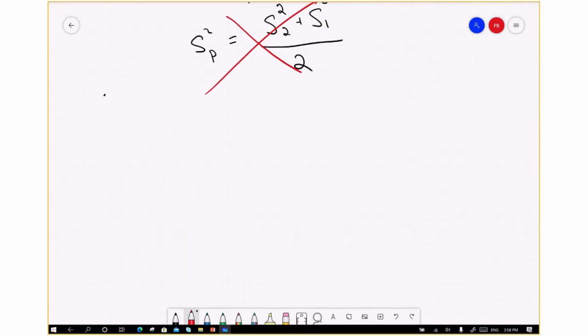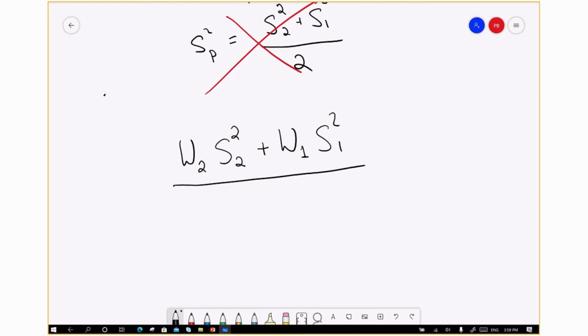What we're going to have is some sort of a weight associated with the second population multiplied by the variance of the second population, plus some sort of a weight associated with the first population multiplied by the variance of the first population, divided by the sum of the weights. So, what are W2 and W1 going to be?